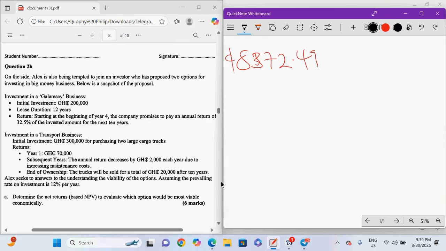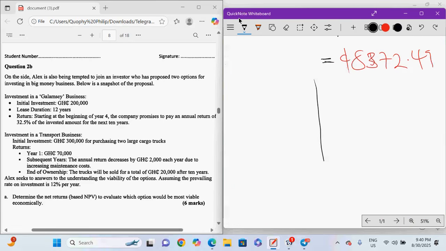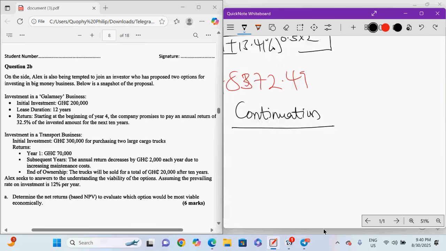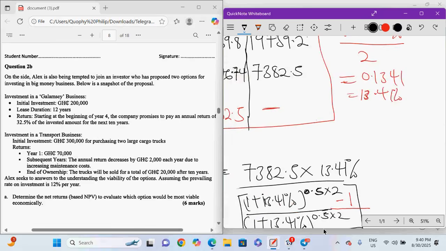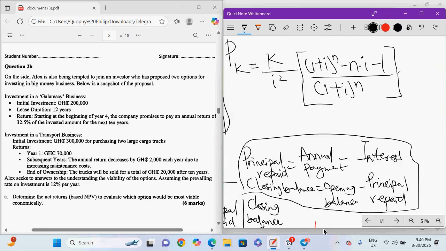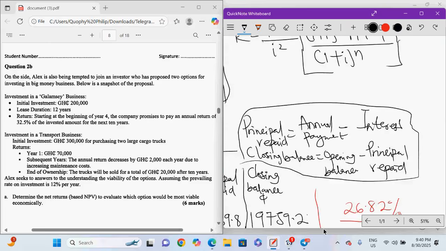So let me continue here. So that is the formula. You can also decide to bring the whole of this by this, and then this one will stand alone. It will still give you the same answer.